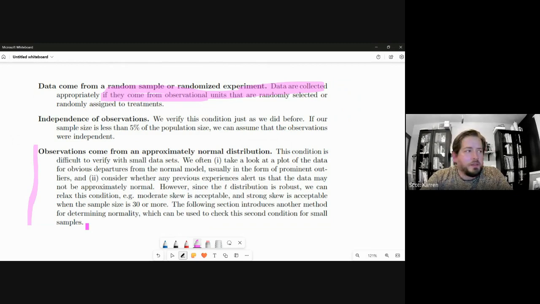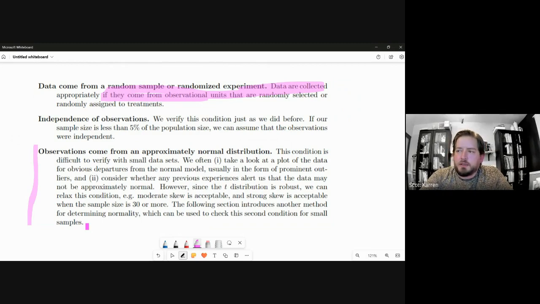And then it says here to also consider whether any previous experiences alert us that the data may not be approximately normal. But again, since the t-distribution is robust, we relax this condition a bit so that skewing is tolerable in small amounts.